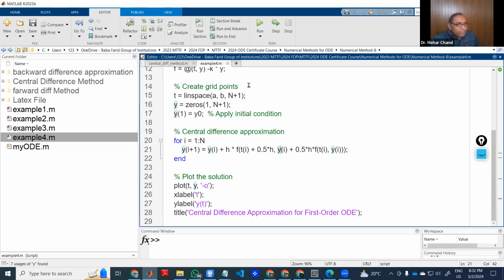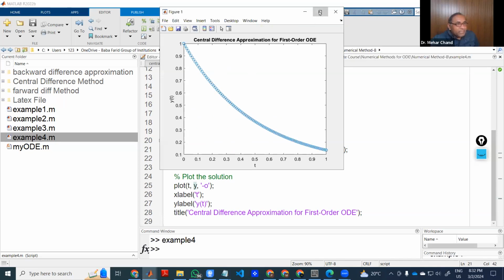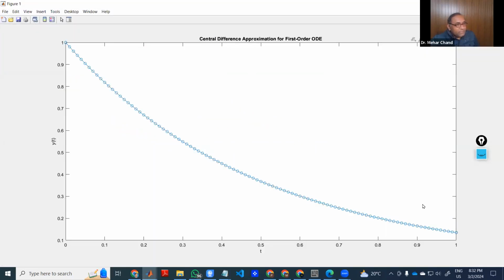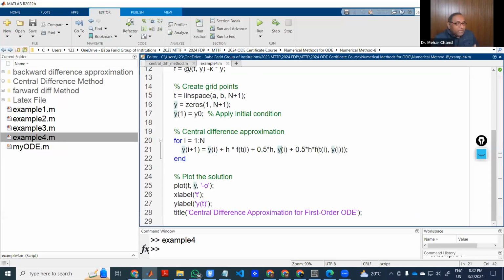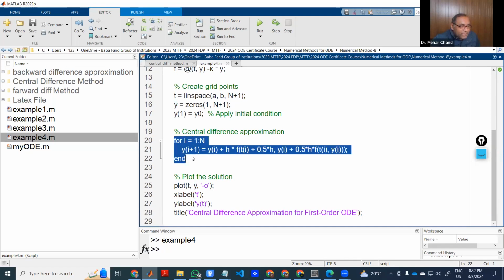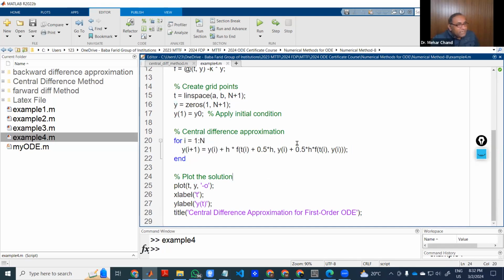Now we can execute this sequence of statements, and we get the same graph because the example is the same. By using forward, backward, and central, we can easily compare the same example by choosing the values of k and the other parameters. So this is the way to implement central difference.